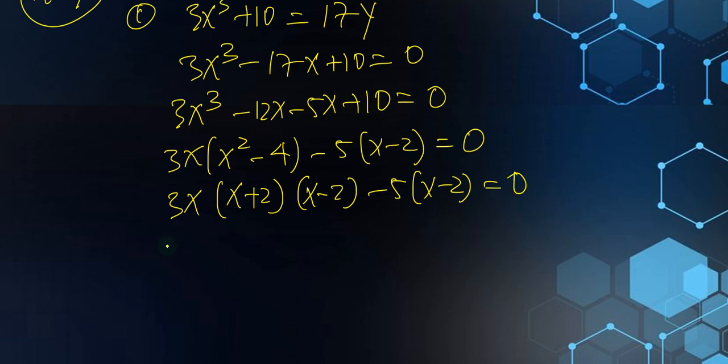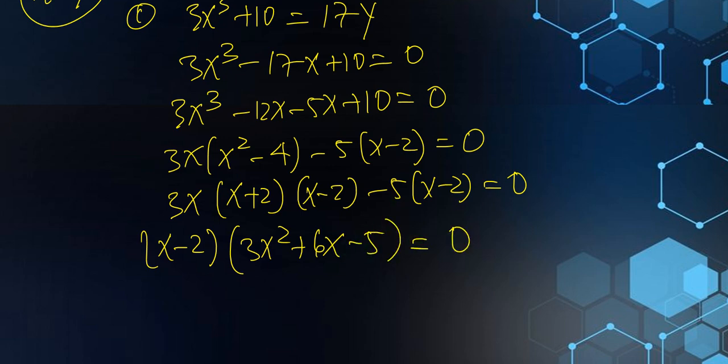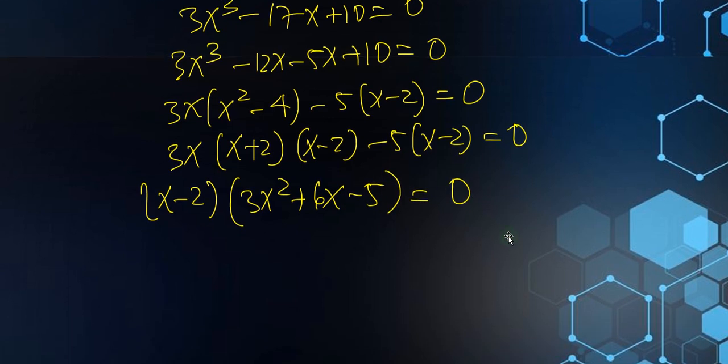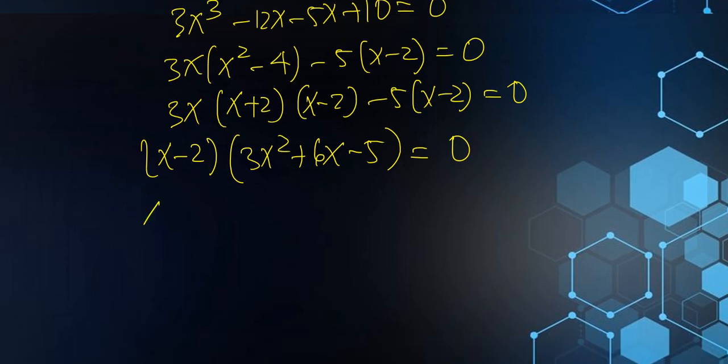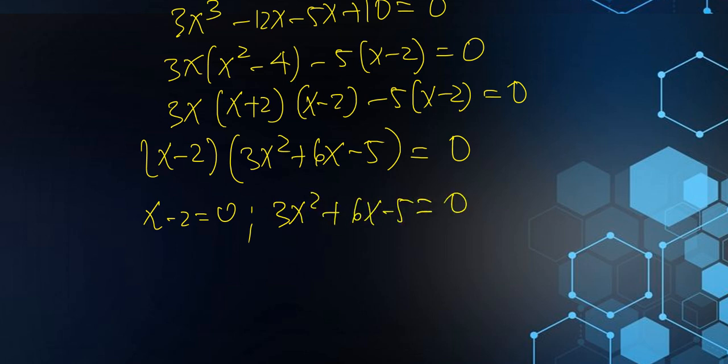So then we have x minus 2 times 3x squared plus 6x minus 5, equal to 0. So x minus 2 is equal to 0, and 3x squared plus 6x minus 5 is equal to 0.